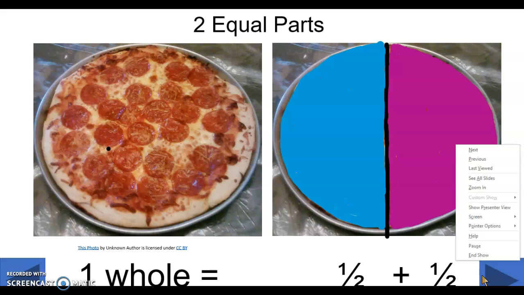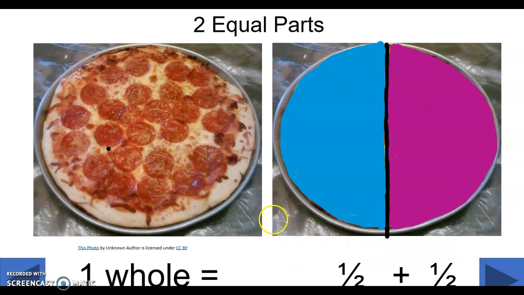For each one, I do a representation of a pizza on the left. It starts out whole, and then I divide it into the indicated parts. On the right, I color it to make it just a circle with colors for the different slices, or parts of the whole. I'm going to do a quick slide through of these so you can see the animations.